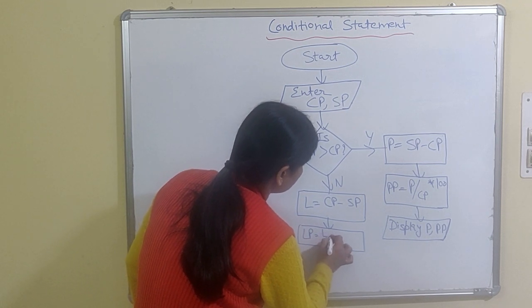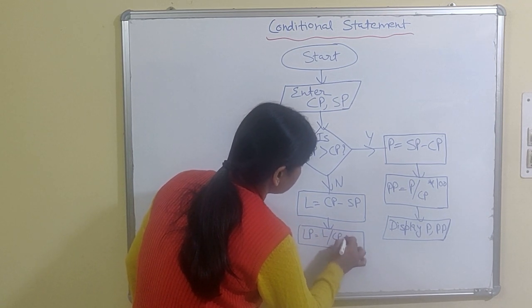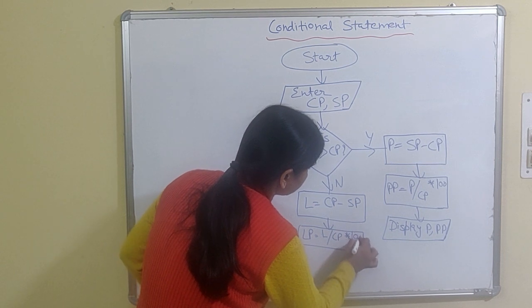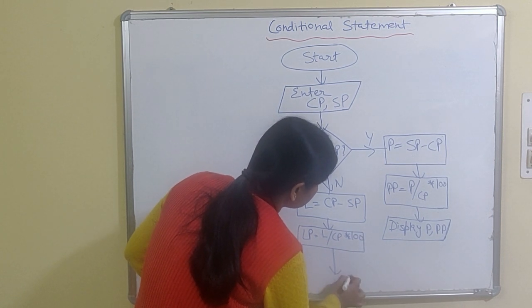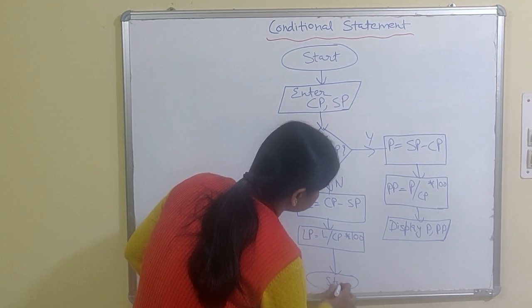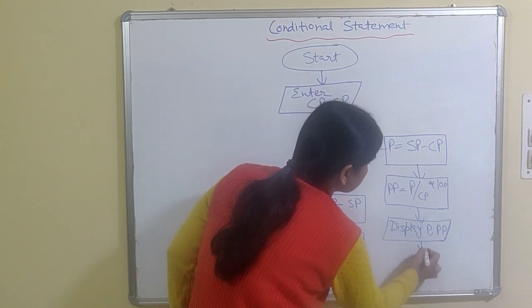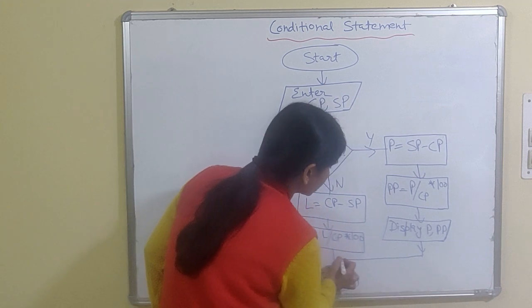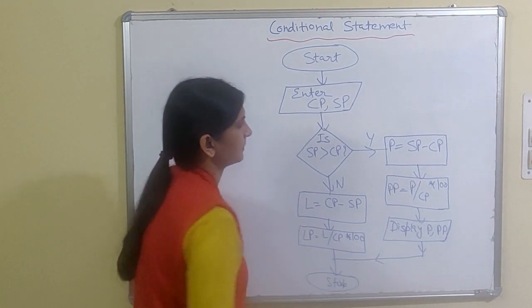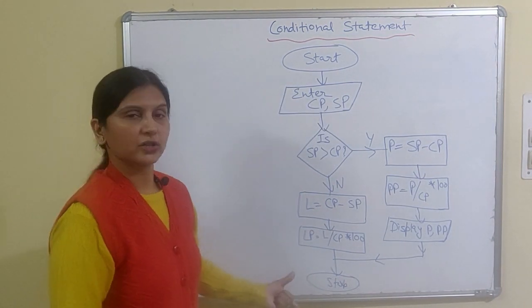Same way, loss divided by CP into 100, and then stop, and we will connect this display also with stop. Fine. So this is a flow chart.